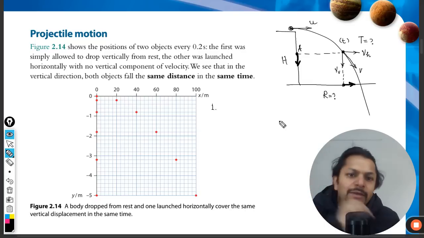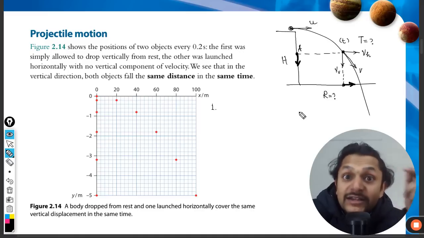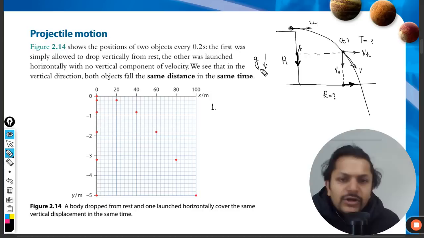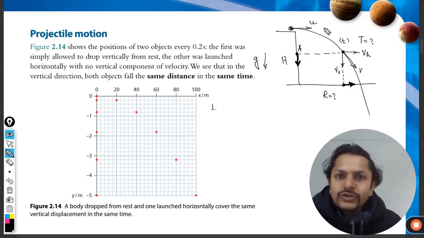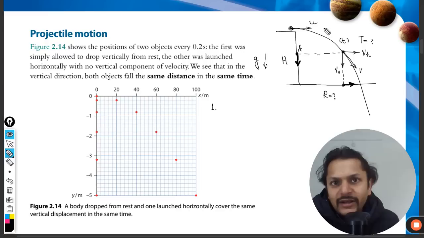Now, we know that in the vertical axis there is an acceleration, which is acceleration due to gravity, which is downwards. But on the horizontal axis there is no acceleration, there is no force. We are not considering drag force, nor any force which is facilitating the motion. So it means that there is neither acceleration nor retardation on the horizontal plane.